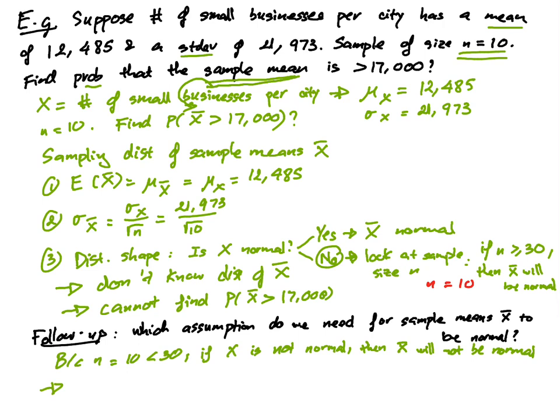Okay? So now what is the assumption that we need to make? That means that we need to assume x is normal. Okay? Think about it, right? If we assume that x is normal, then we're in this part of the tree, right? If x is normal, then x bar is definitely normal regardless of the sample size.